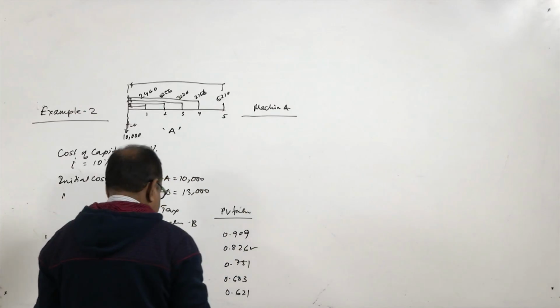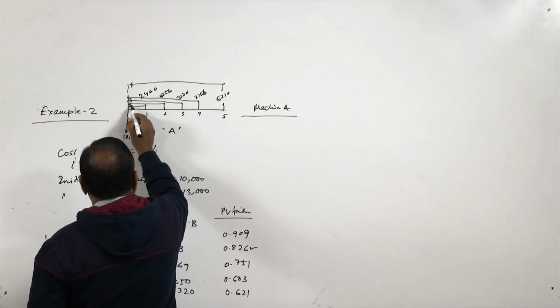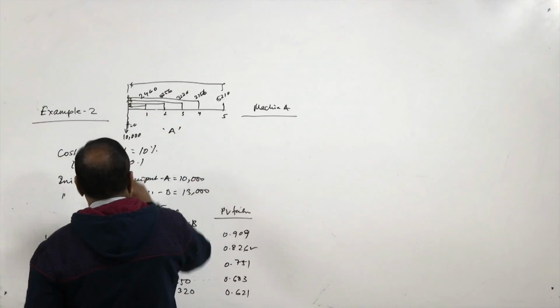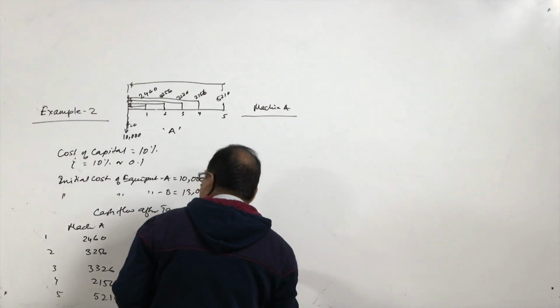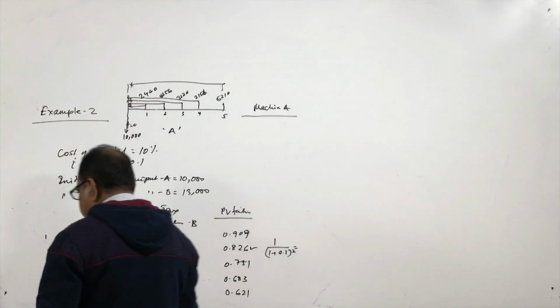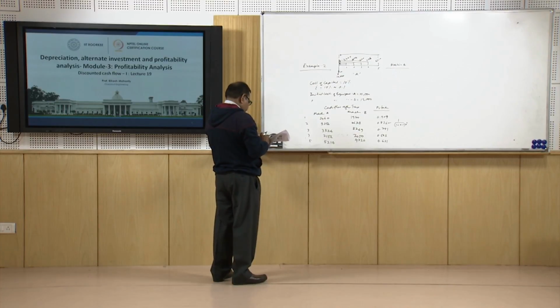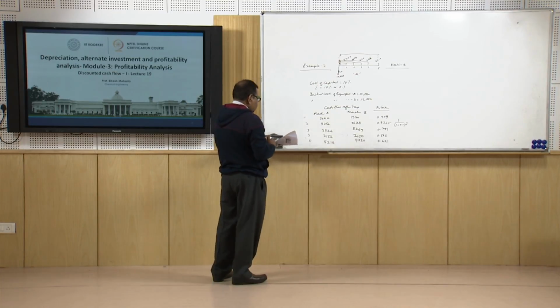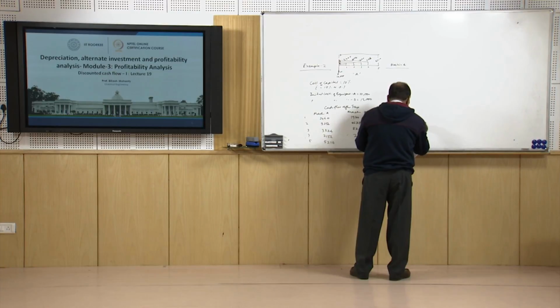Let us pick up this investment 3256. Here, this is for 2 years, so it has to be brought back. That means this factor is 1 plus I, where I is 0.1, to the power 2, which comes out to be 1.1 to the power 2, and the inverse of it comes to be 0.8264.